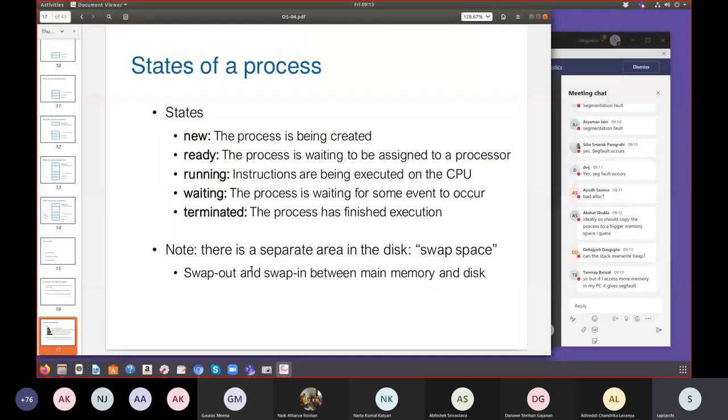So suppose a particular process is not active right now for a certain amount of time. Maybe it is waiting for some event to occur. So unless that event happens, or unless that event is completed, this process will never be allocated to CPU. Maybe this event will be completed after 5 minutes.